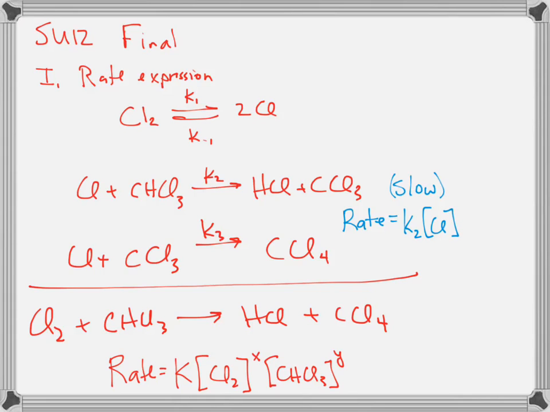Because it's an elementary step. Every mechanistic step is an elementary step. We're allowed to shuffle that coefficient across. Times the concentration of what? Okay. That is now an overall rate expression, just like we had at the bottom there.